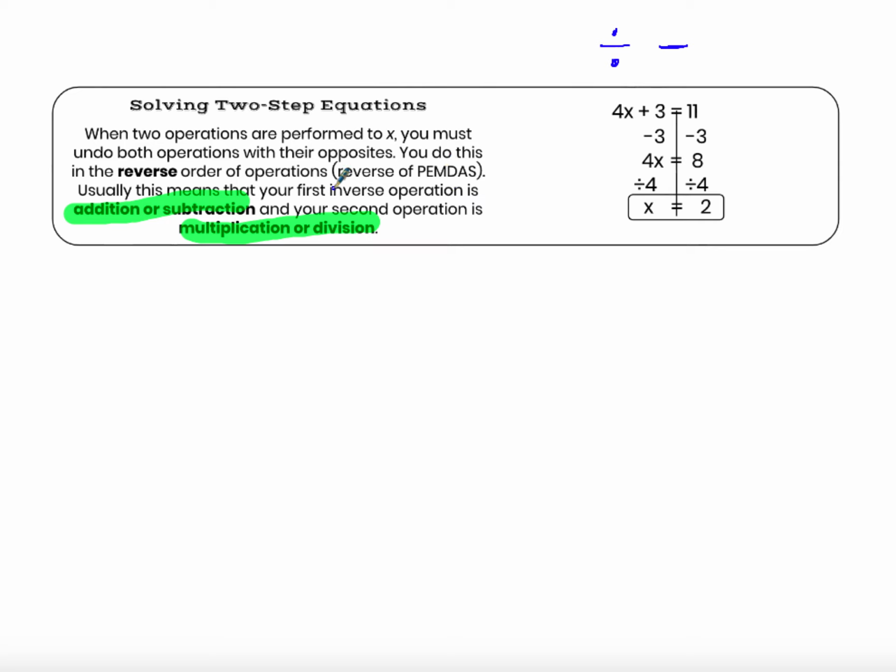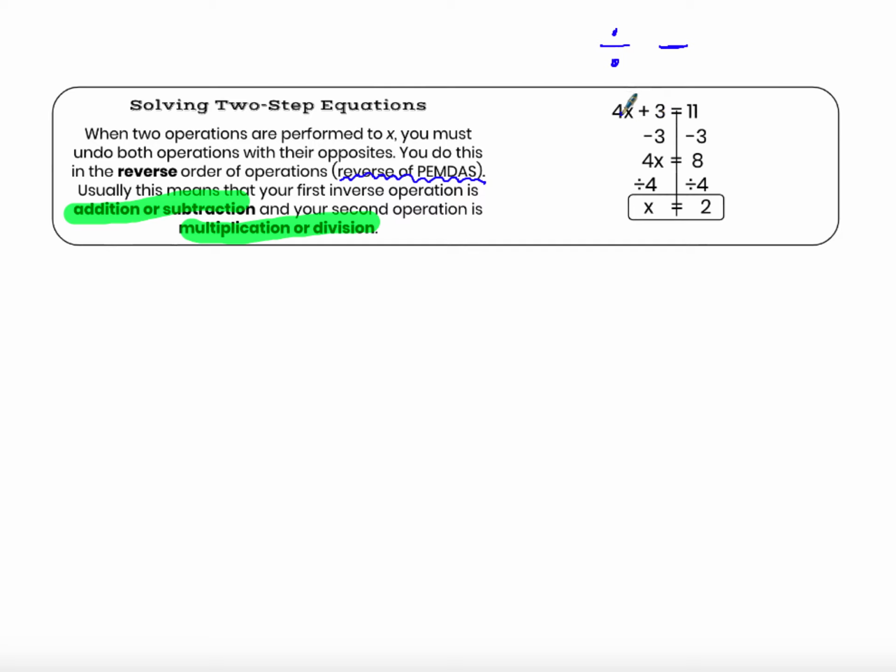you can think about going in the reverse of PEMDAS. So the normal order of operations, you multiply or divide, and then you add or subtract. That's what's happening here. I multiply by 4, and then I add 3. So when I am undoing that, I need to do that in the opposite order of the order that it was performed in.